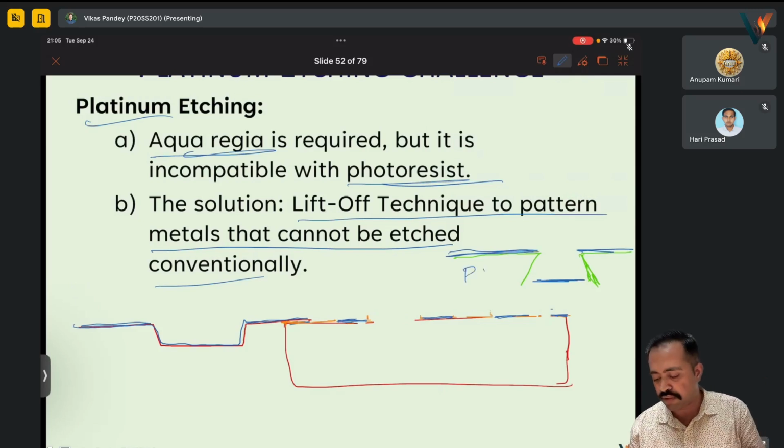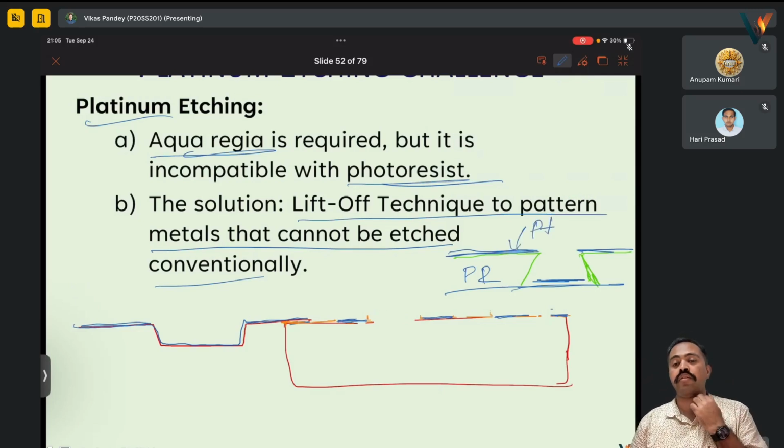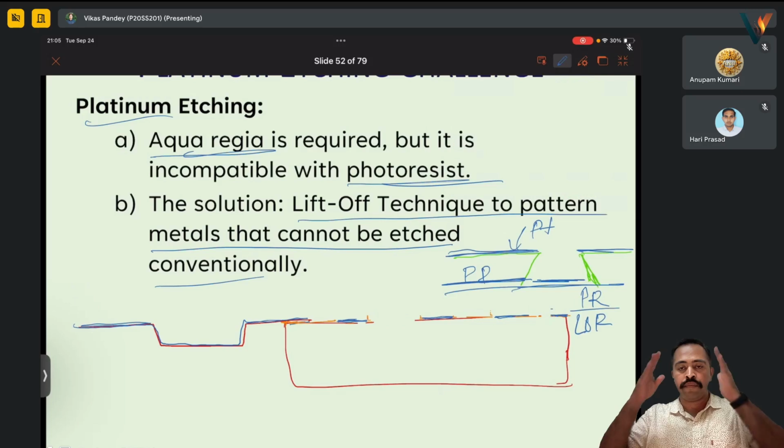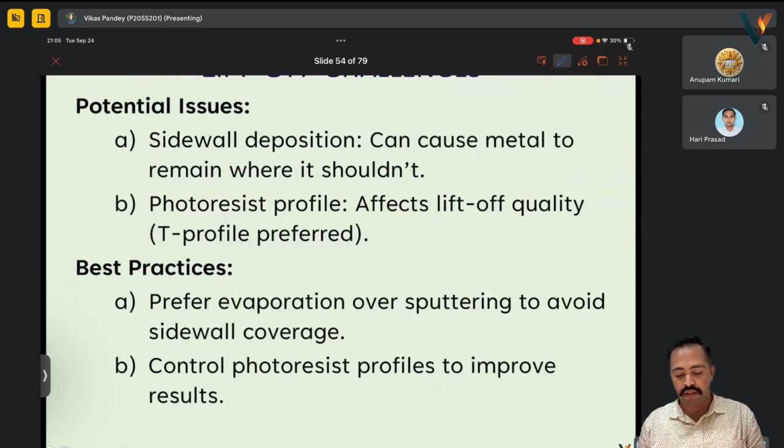So this one will be the PR and this one will be, say, Pt. We take care of this generally using a layer of lift-off resist, and then over it PR is put. That makes the profile inward, or a negative profile.